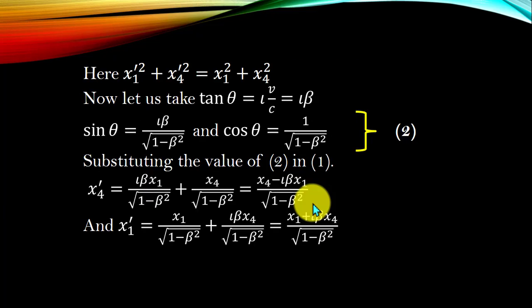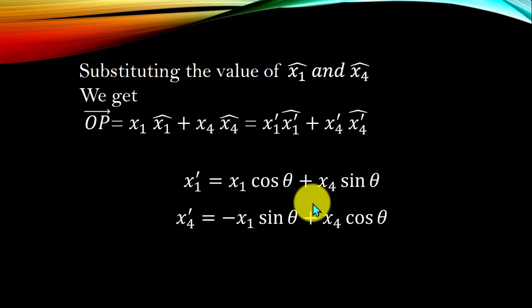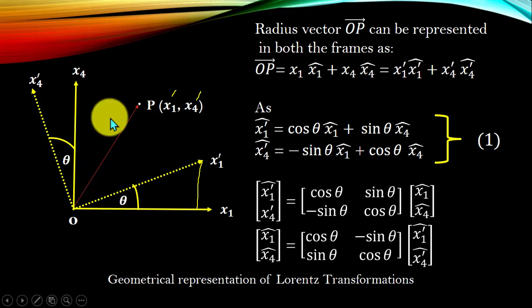But remember, here we have taken two frames of reference. One is rotated with respect to the other through an angle theta, whose tan is equal to iota v by c, and this transformation equation becomes equivalent to what? The Lorentz transformation.